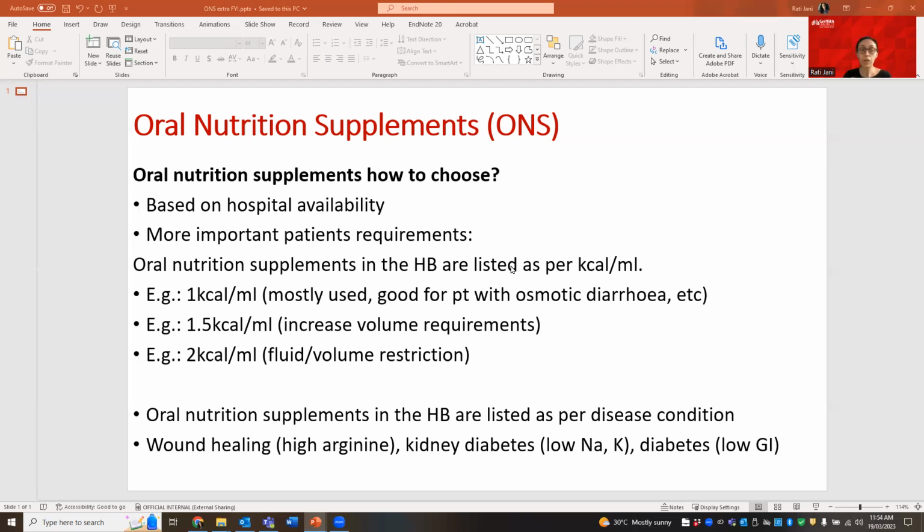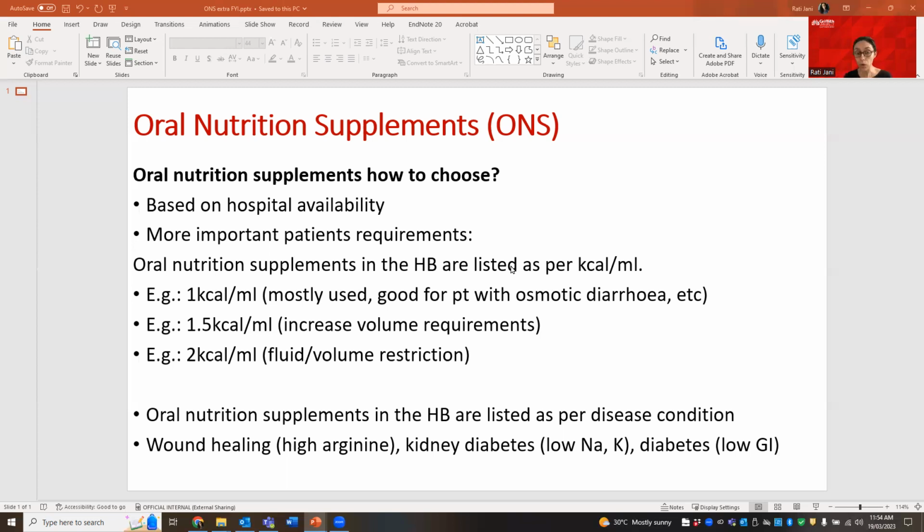Then you have a second table which tells you that these supplements are 1.5 kilocal per ml. And then you have another table which tells you these supplements are 2 cal per ml. So you have these supplements listed according to the caloric requirement.